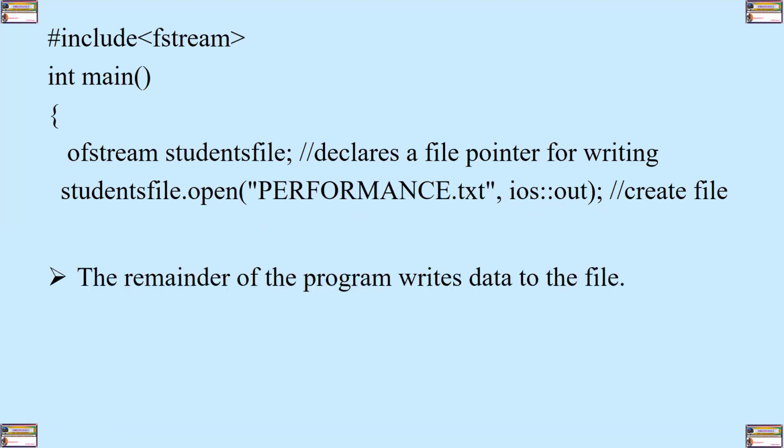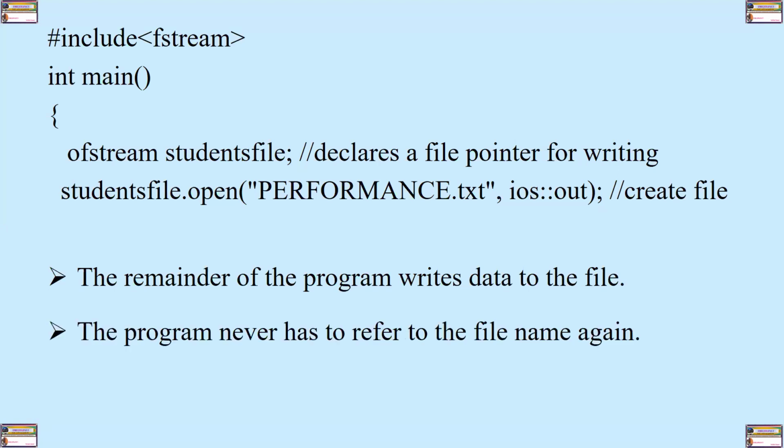Now, the remainder of the program, or the rest of the statements that we include, are for performing other activities in your program that you would like to associate with your file. The program never has to refer to the file name again. So once you have declared a file pointer, and that pointer is pointing to a file, for example performance, we do not need to repeat the name performance again within your program.